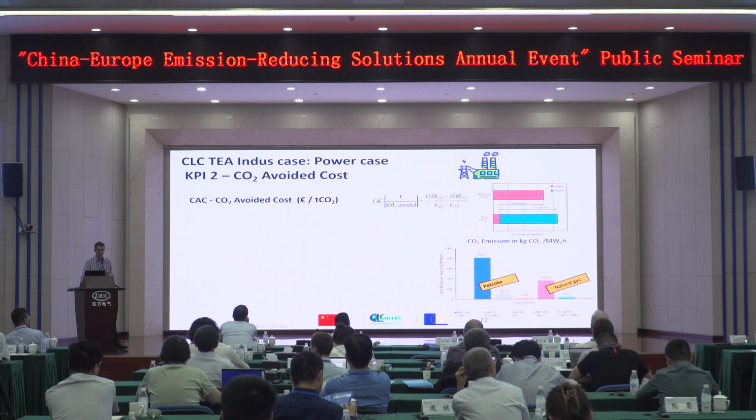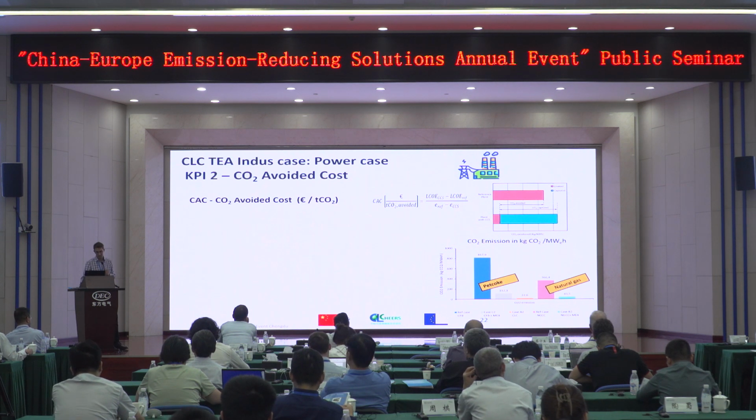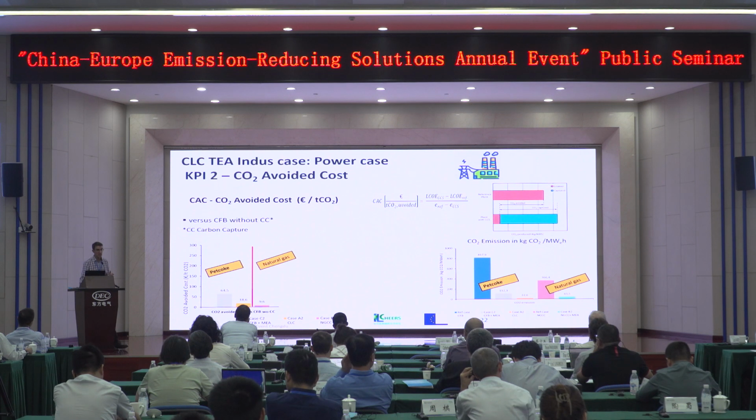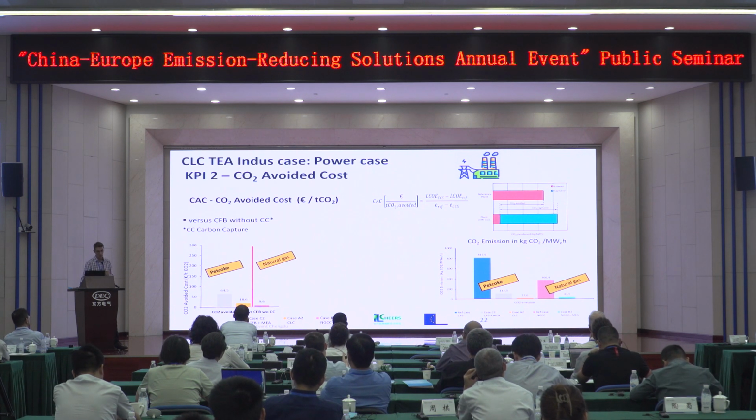The other KPI I would like to present is the CO2 avoided cost. How much does it cost to tackle this extra CO2? And this KPI is really depending on which reference case you are taking into account. So if you compare yourself to the CFB without capture, which is emitting a lot of CO2, you will have very low figures for your CO2 avoided cost.